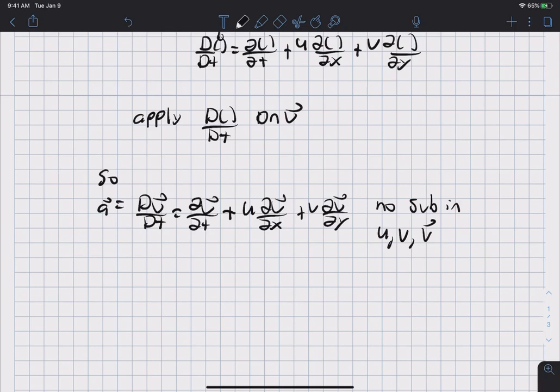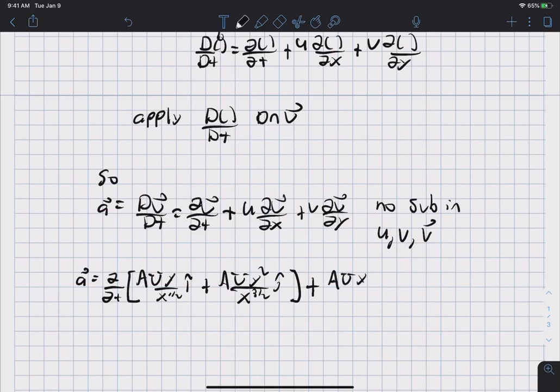And we have a equals partial t of a U y over x to the 1/2 i hat plus a U y squared over x to the 3/2 j hat, plus u, which is a U y over x to the 1/2, times partial x of the velocity vector.